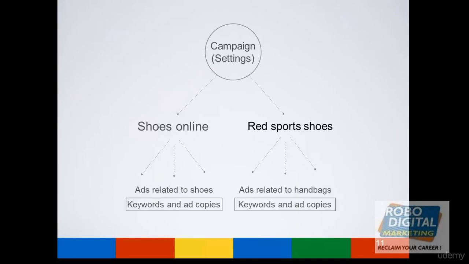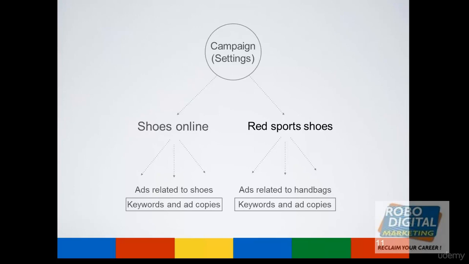For example, if the user types buy shoes online, it might show the ad for buy red sports shoes online. When the user sees the wrong ads, you might not get a click or a customer. Clear or not? Yep.